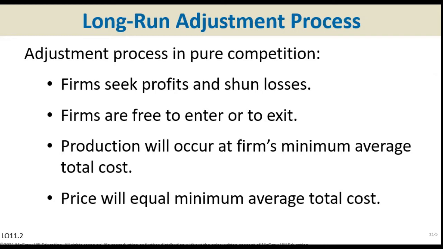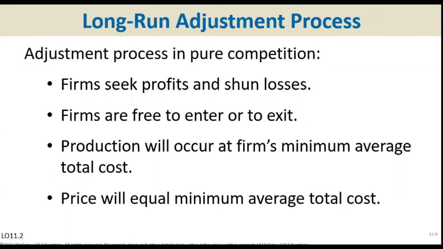If the industry is experiencing economic losses, firms will leave. And when firms leave the industry, you will see a reduction in the supply, and the supply curve will shift to the left, right?